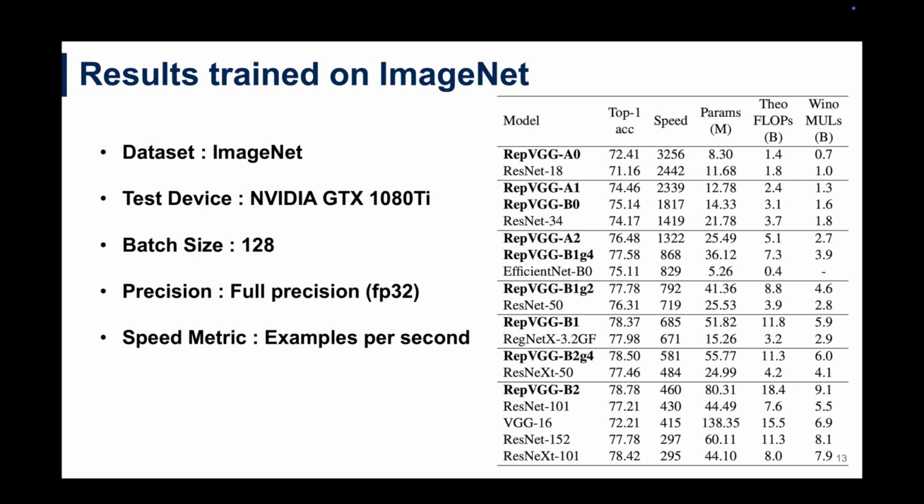Among them, the largest model, RepVGG B2, reached 78.78% top 1 accuracy compared to ResNet-152, but with 1.5 times faster inference speed. These results show that despite its simple structure, RepVGG delivers highly competitive performance, both in accuracy and inference speed, compared to the high precision CNNs.